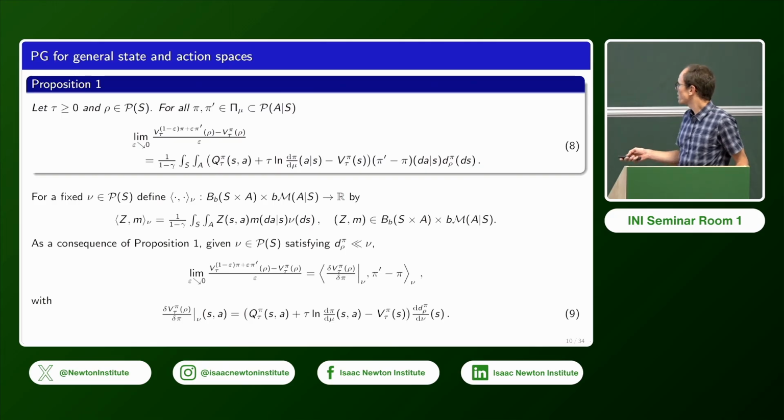And typically you think of this relative to the occupation measure created by your policy pi, and if you do that, then the change of measure term goes away, and the first variation for the pairing with respect to the occupation measure under policy pi is really just the advantage function Q minus V, and then the entropy term.